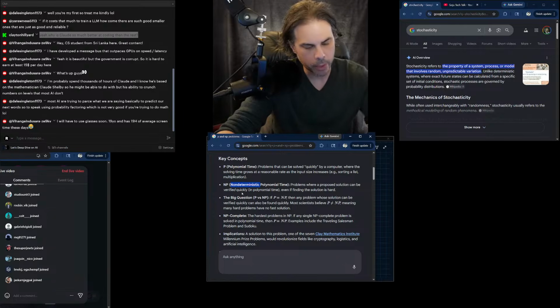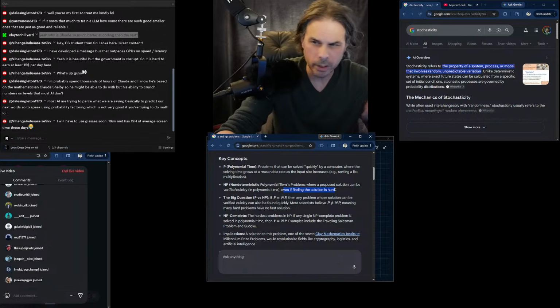So there start to be these breakdowns of different categories. It's like NP, NP hard, NP complete. But the proposed solution can be verified, while the actual solution, I think, is still potentially non-deterministic. Yeah, so even if finding the solution itself is hard. And those details we don't need to worry about for what we're talking about, but just know that the step up in computational complexity starts with P being the base level, kind of the lowest space.